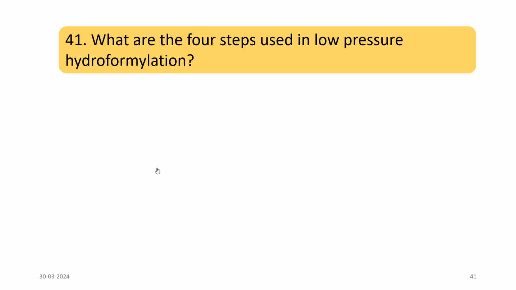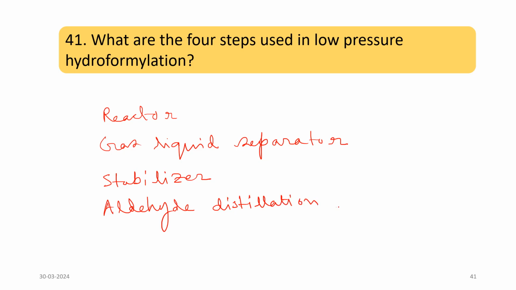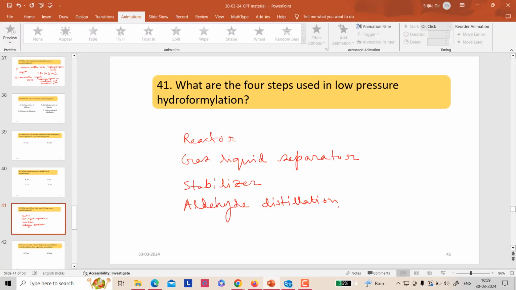So, the first step is the reactor, then gas liquid separator, then stabilizer, then aldehyde distillation. These are the four steps of low pressure hydroformylation reaction.